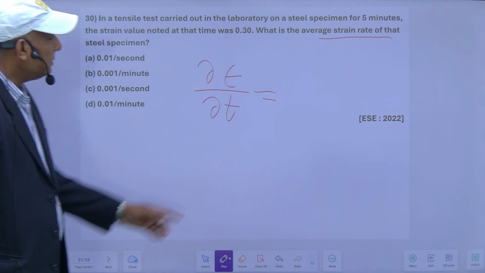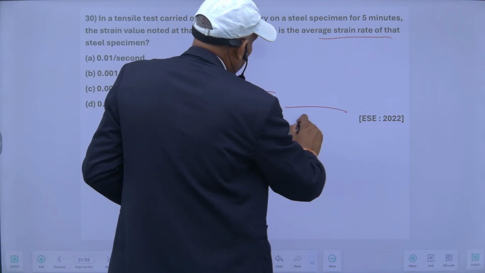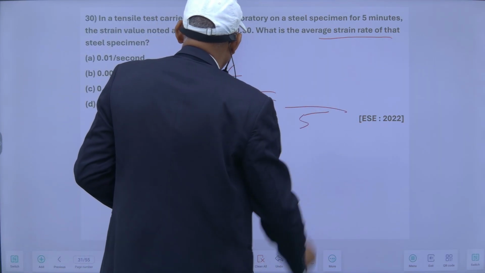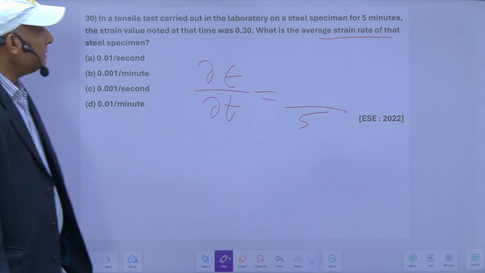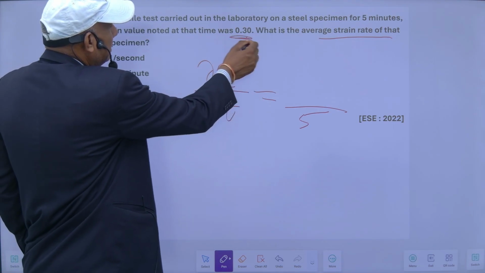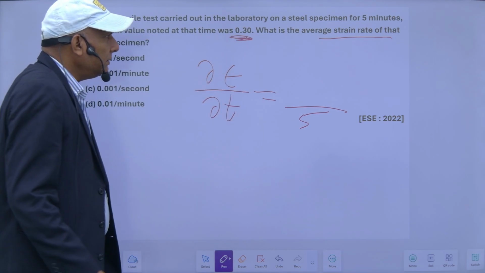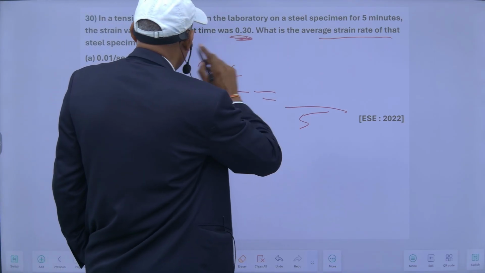Time is 5 minutes, delta t is 5 minutes, and strain value noted at that time was this. So this is the strain. So average value you can take this one.